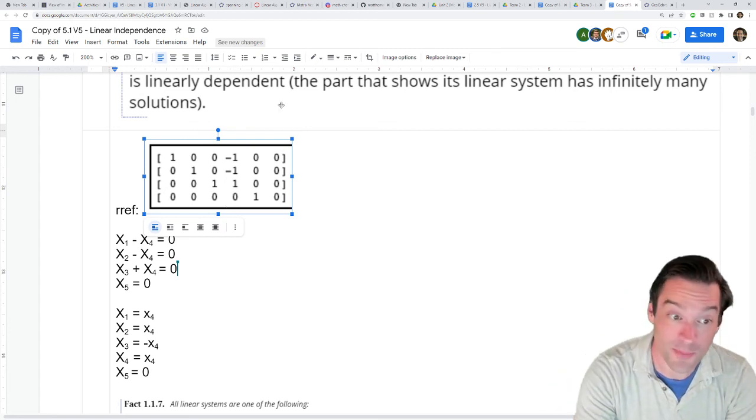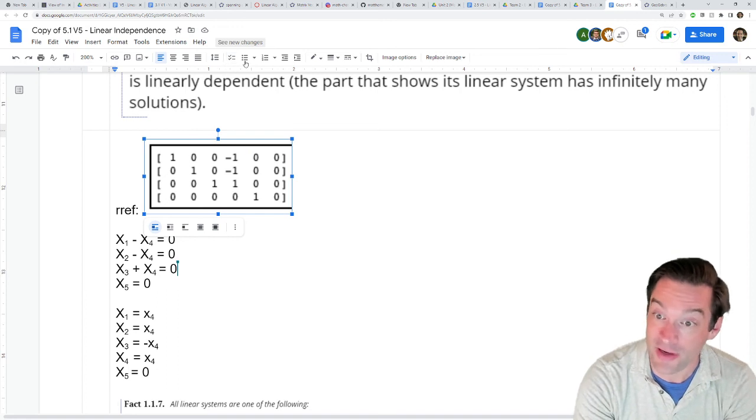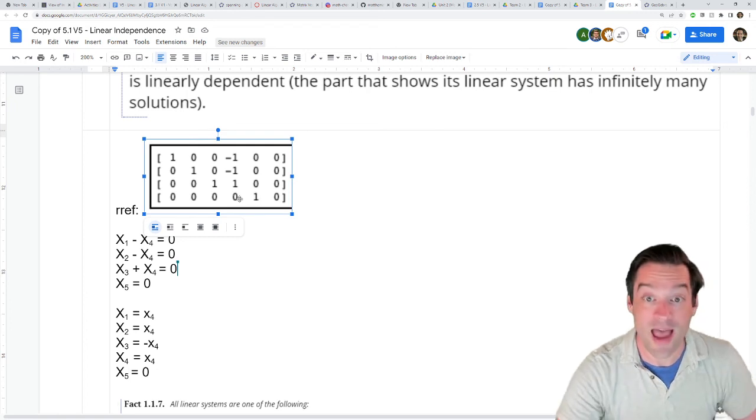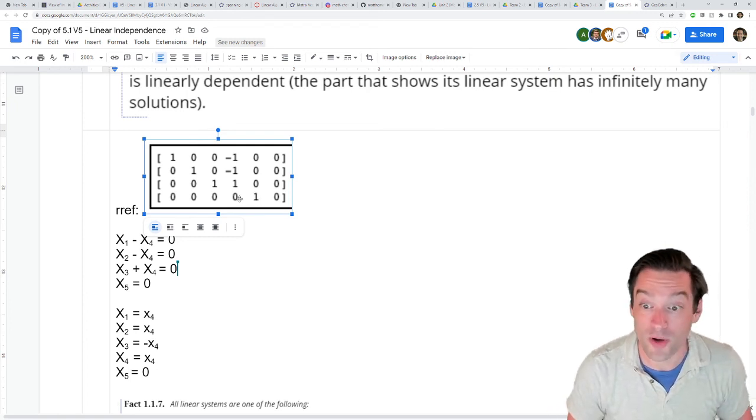Right. So it's good practice, and this is why our textbook authors do it, to always go through and circle or box or whatever all of your pivots in your reduced row echelon matrix. This first one is a pivot. This next one in the next column is a pivot. In the third row, third column, this one is a pivot. This one down here is a pivot. But we can only have at most one pivot in every row and at most one pivot in every column.